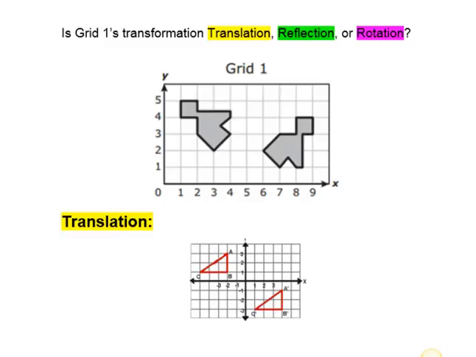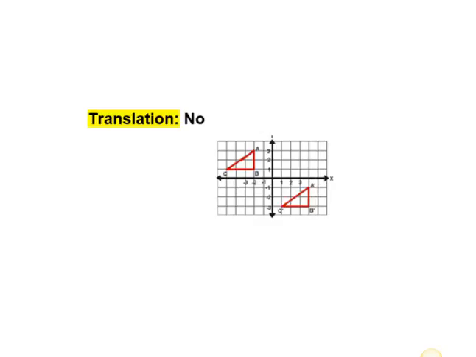Looking at grid number 1, which transformation is it? Is it translation? Is it reflection? Or is it rotation? Looking at our picture, does it look like a translation? No, it does not.